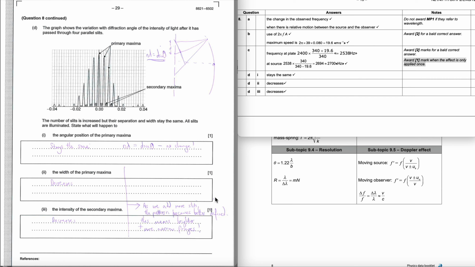Those positions at which the maxima are achieved are becoming more and more unique. In other words, in between those maxima, the waves are cancelling each other out more and more. By virtue of that, our primary maxima are going to get brighter, and our secondary maxima are going to get less intense. And our primary maxima are also going to get a lot narrower.